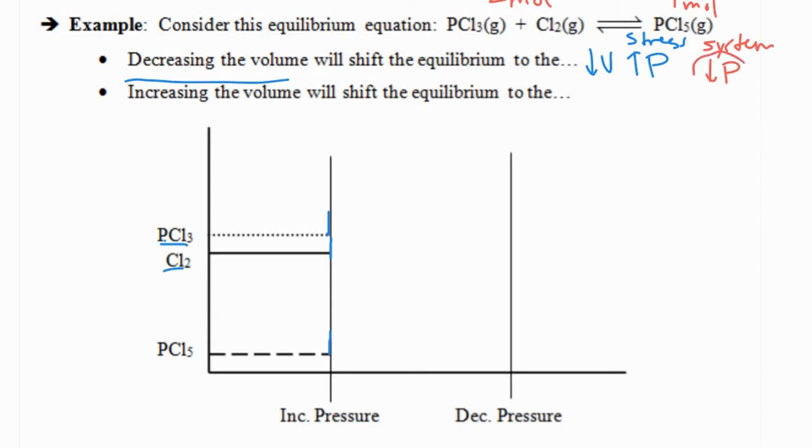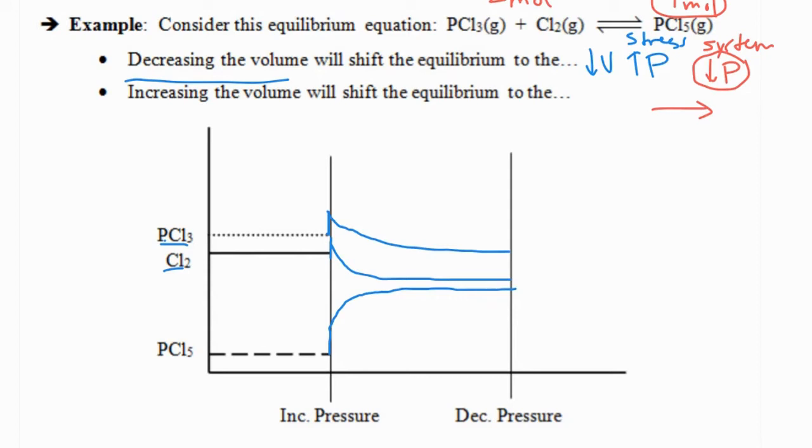So the side with a lower pressure is the side with the fewer moles. So the system will shift to the right and make more of my products. So my PCl5 is going to go up and then reach equilibrium. My reactants are going to go down and then reach equilibrium.